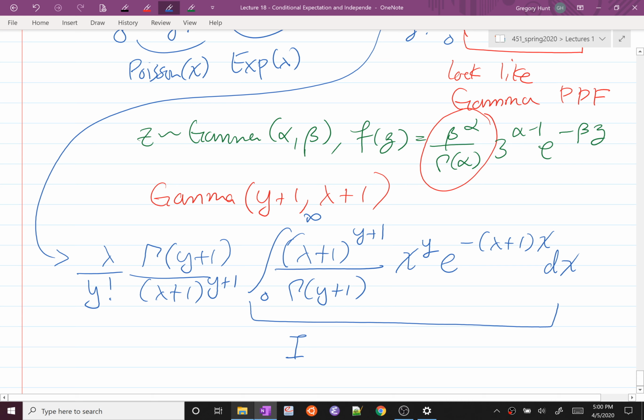Because it's just the integral of a gamma PDF, and so I'm just going to be left with these constants out front.